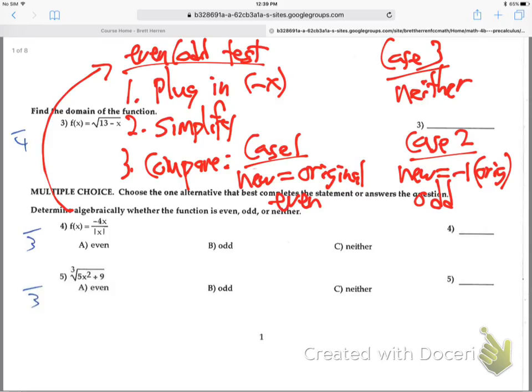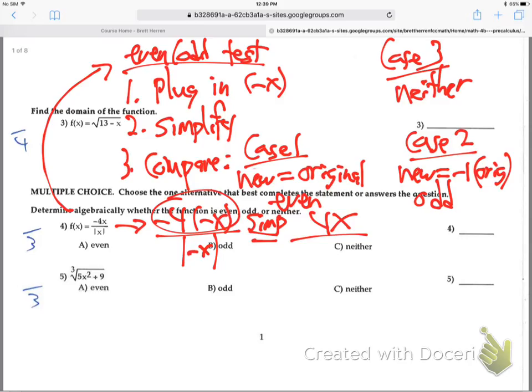Let's try it on this one. So first thing you do is take the x and you replace it with negative x. I took the x's and plugged in negative x in both cases. And then I simplify. So 2 negatives multiply to be positive. And absolute value of negative, that just vanishes because absolute values get rid of negatives, right?